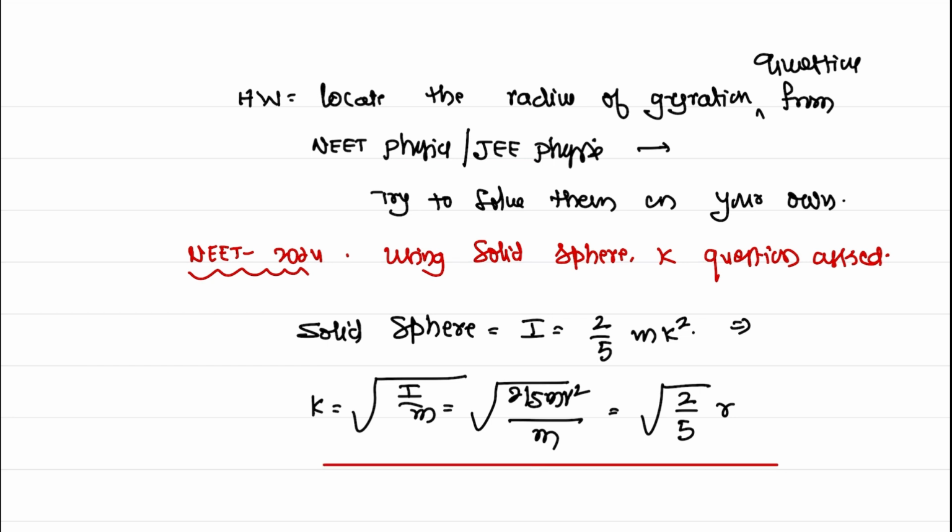Like d is the length of the thin rod, here r is the radius of the sphere.